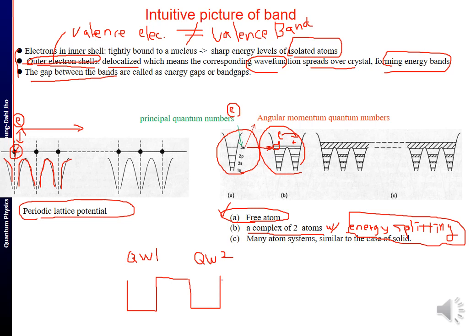For example, let's say the barrier is very high here and here. So the potential U is very large here, U is 0 here, and this one, let's say it is very small.